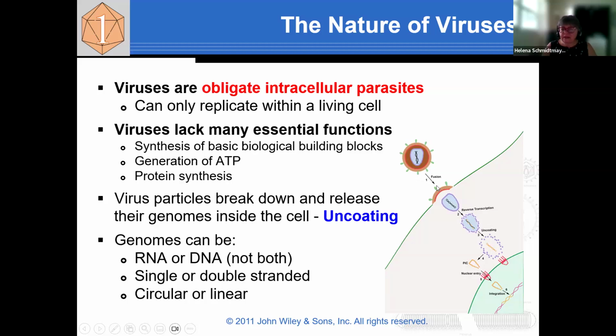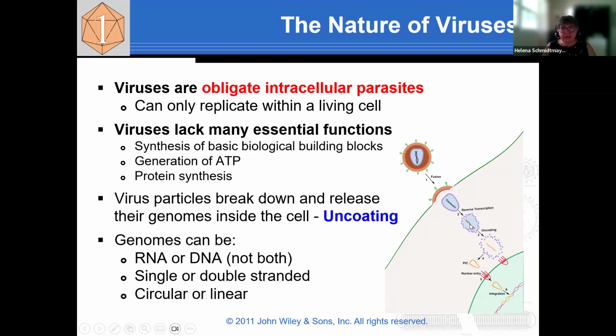When a virus enters cells, it breaks down and releases the genome nucleic acid, because it's uncoating. So the major purpose of the virus is to inject its genetic material, its nucleic acid, into the cell. It completely disintegrates, it collapses its envelope. And this is a major difference between, for example, bacteria and viruses.